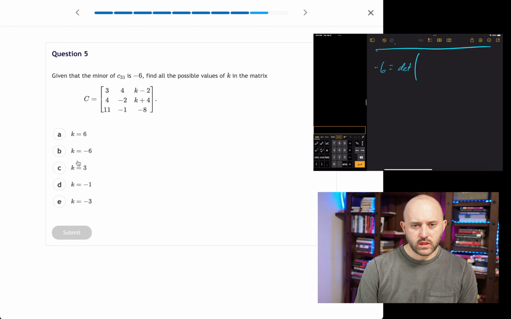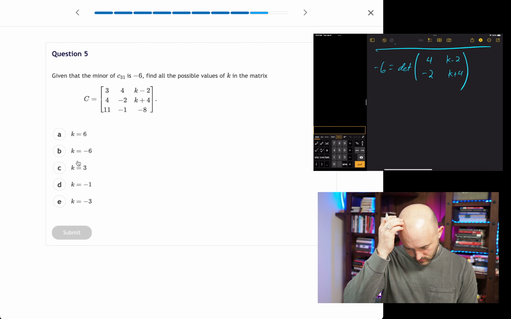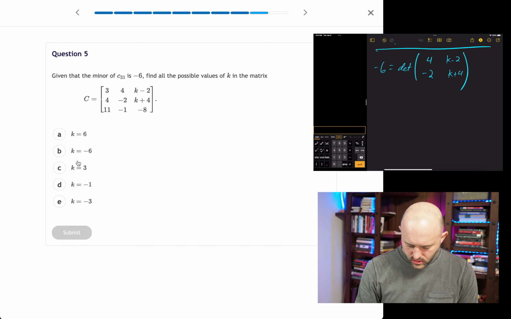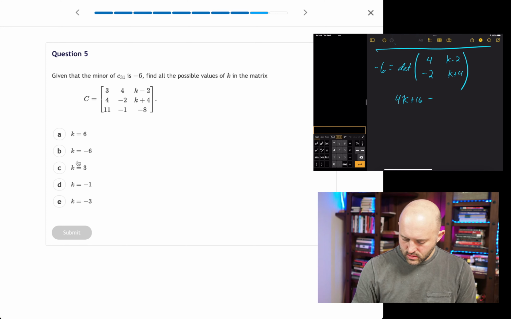So row 3, column 1 is gone, meaning we're left with just the upper right-hand corner here. 4k minus 2 minus 2k plus 4. 4k plus 16 minus negative 2k plus 4.